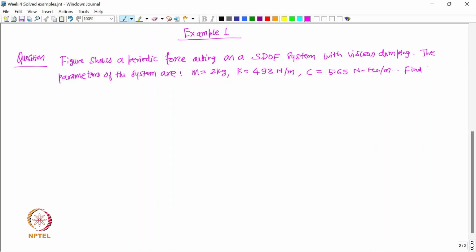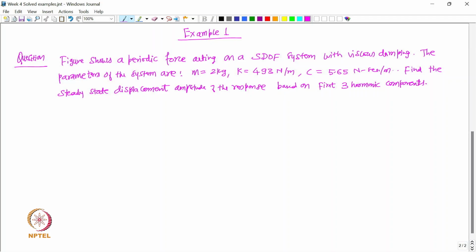Find the steady state displacement amplitude of the response, right, based on first three harmonic components, right.